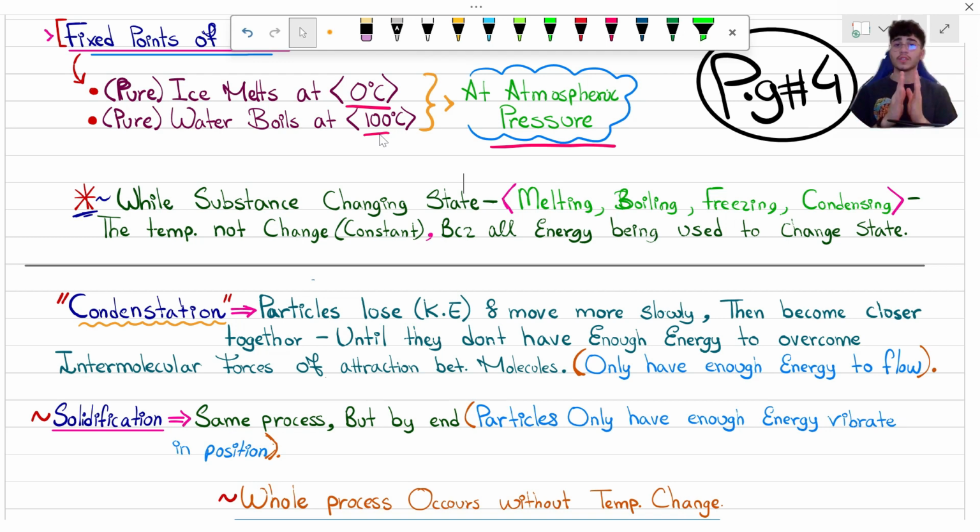The temperature is always going to be constant, because all the energy during the change of state is being used to break the bonds, either to bring particles away from each other to go from solid to liquid to gas, or to bring them closer to each other to go from gas to liquid to solid. So the temperature during the change of state is always constant.